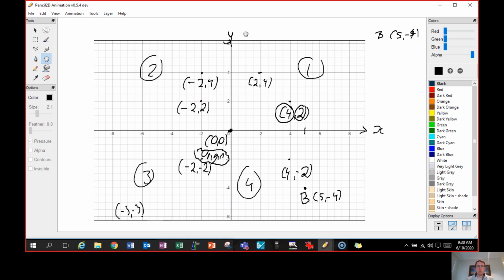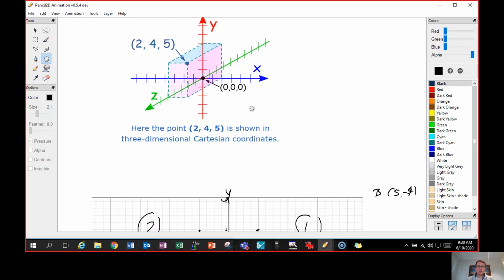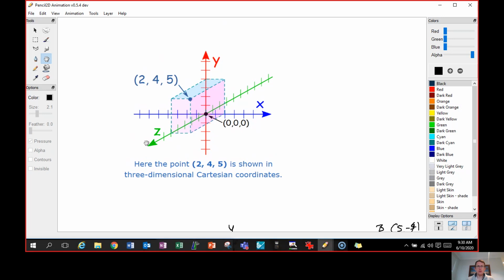Now, why do they use x and y? Why not y and z? A bit of interesting information: there's actually a third dimension, which goes in and out, and you can use this to graph 3D situations. Here, you'd give your coordinate point as 2 on the x, 4 on the y, and then z coming out positive 5.